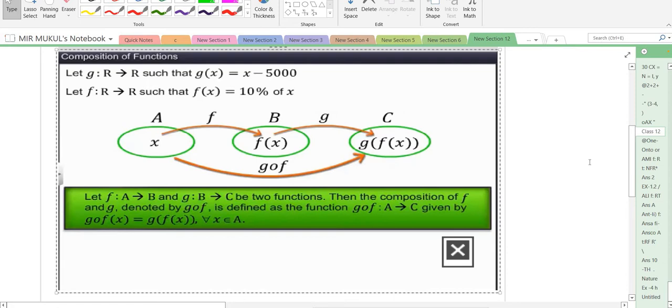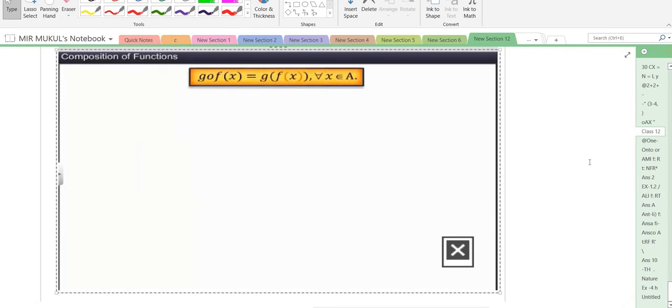In the above case, the purchase is of 8,000 rupees. So taking x as 8,000 rupees, the composition of g and f at x equal to 8,000 is equal to f of g of 8,000. Now, g of x is equal to x minus 5,000.